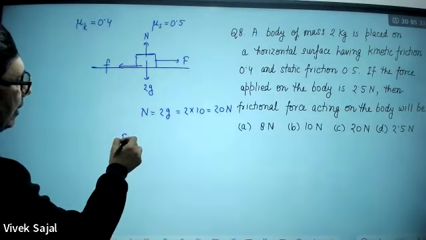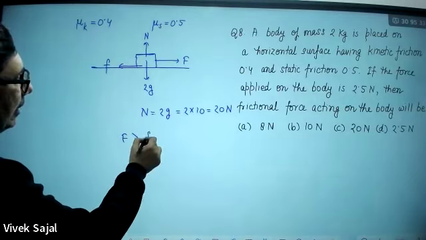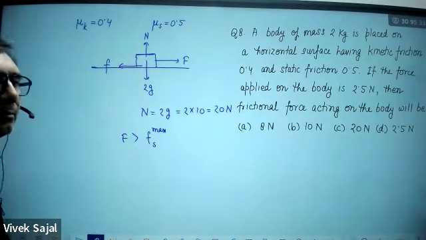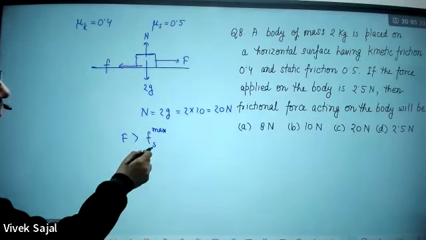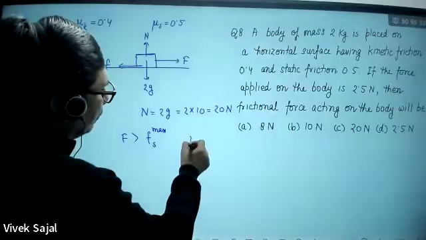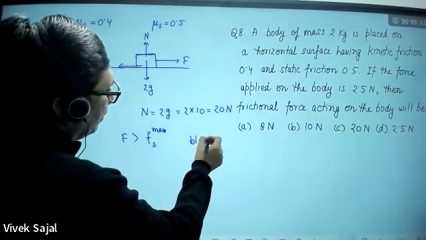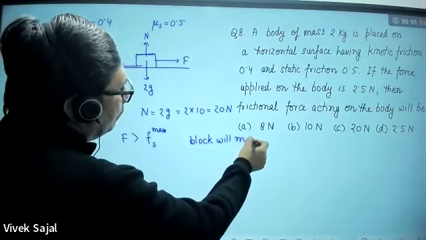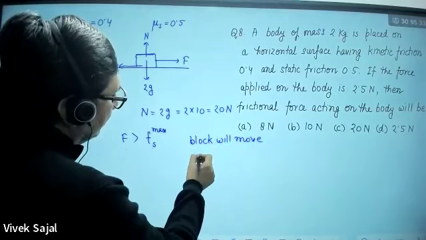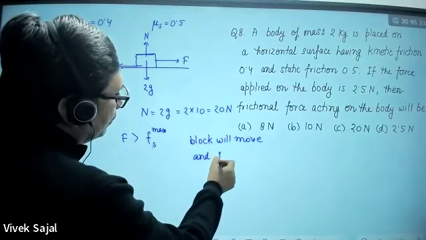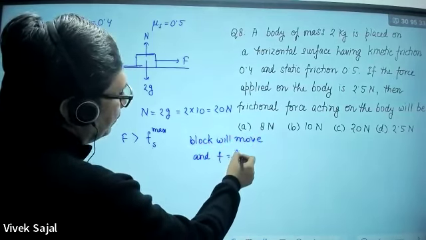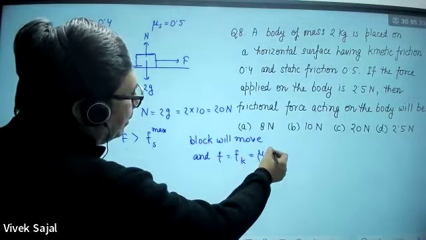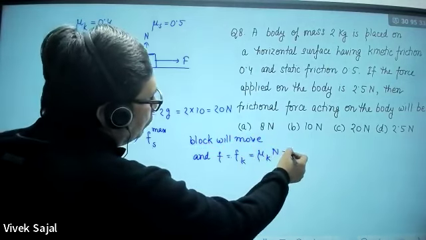Now if this applied force is greater than Fs maximum, then the block will move, and the friction force will actually be kinetic friction, and its value will be given by mu k N or mu k mg.